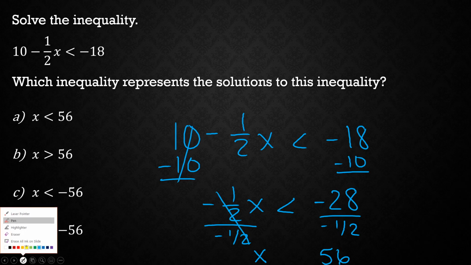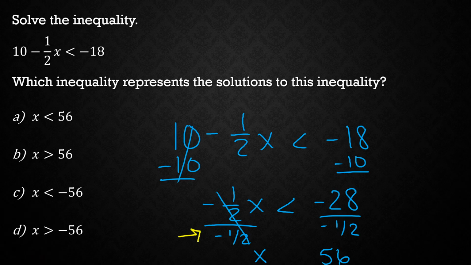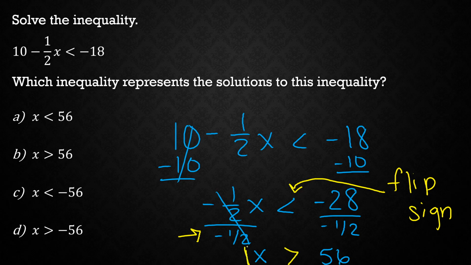But remember, since I am dividing by this negative sign here, I have to flip my sign. This sign in the center needs to now flip to the other direction, which means that my final answer for this one is x is greater than 56.